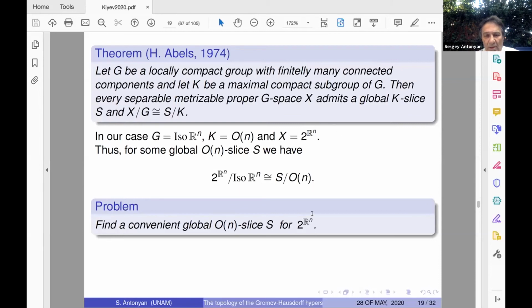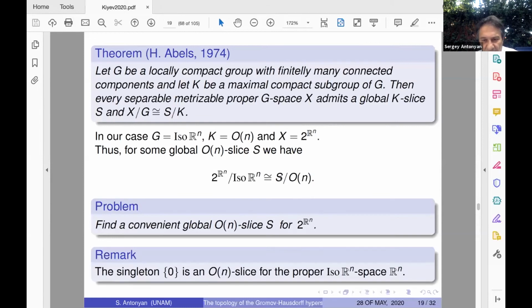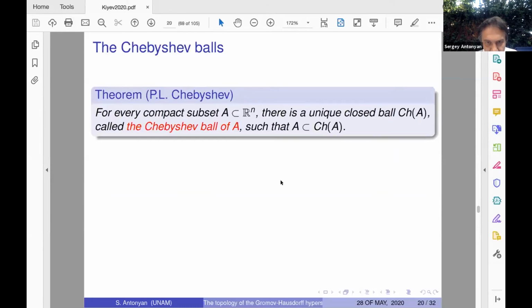From here on, we will show a convenient global slice, otherwise it is difficult to work with this hyperspace because we don't know what S is in general. But in our problem, we can find what S is. Here some geometry is very helpful.